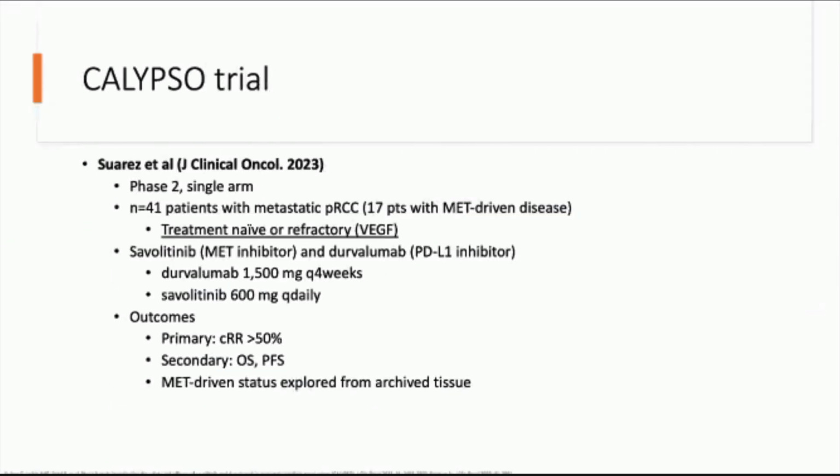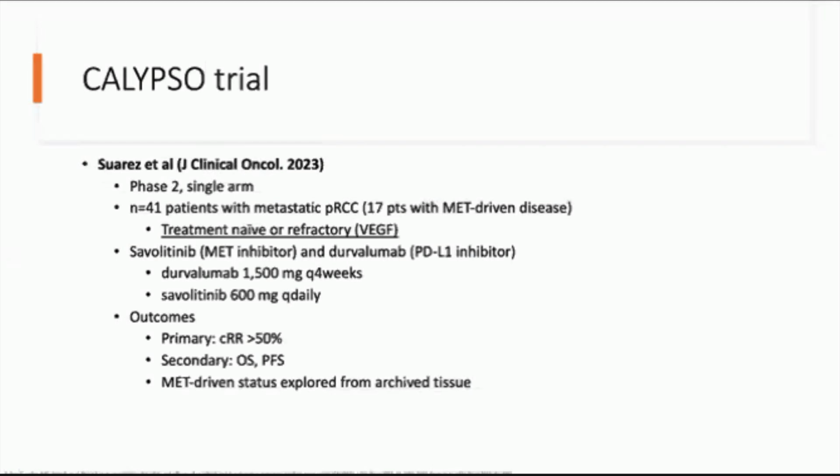Finally, the CALYPSO trial was a single-arm study which recruited 41 patients with metastatic papillary RCC that were either treatment naive or refractory. Patients were given a combination of durvalumab and savolitinib.